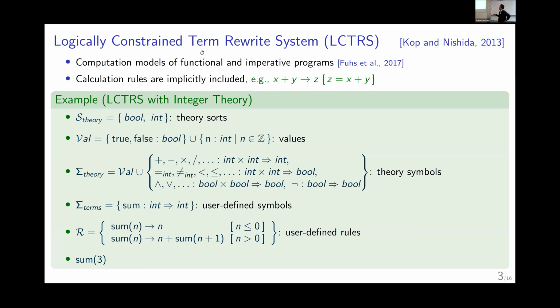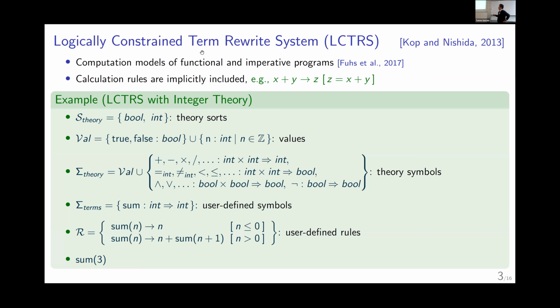The theory signature includes true, false, and all integers as values, and some operators for addition, subtraction, equality, comparison operators, logical connectives, and so on.